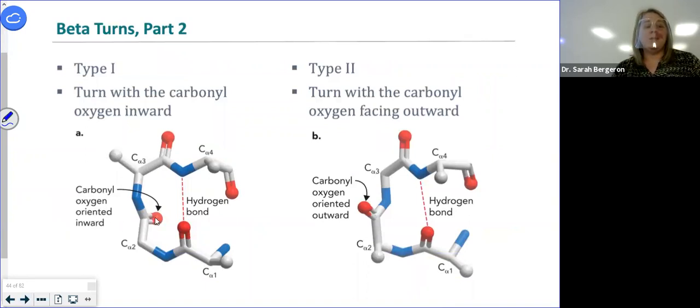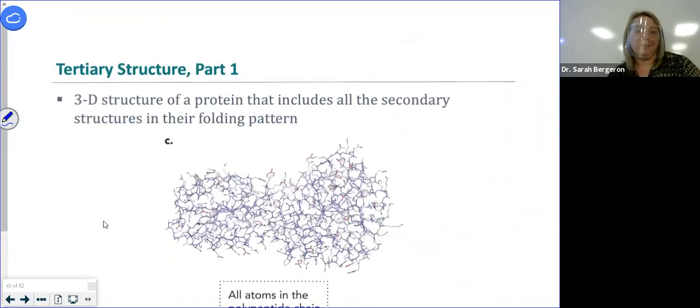So there are a couple of different ways that you can have a beta turn. Remember that our peptide bond is locked into place because it has resonance, right, with that carbonyl carbon. So if you look at that carbonyl oxygen, there are 2 different orientations that it can have. It can face inward, between the 2 beta strands, or it can face outward into the rest of the protein, but it doesn't really make too much of a difference.